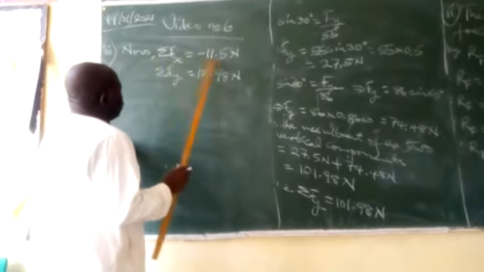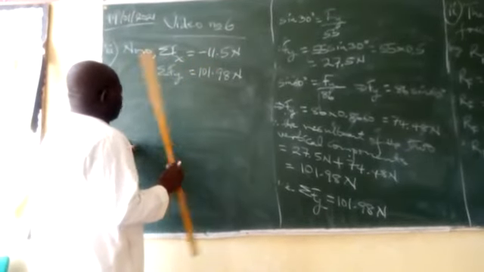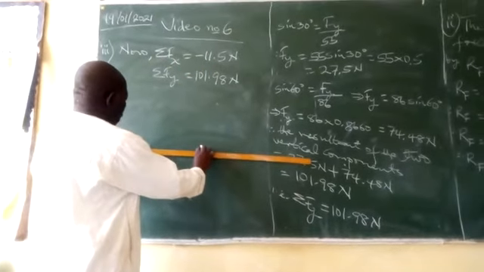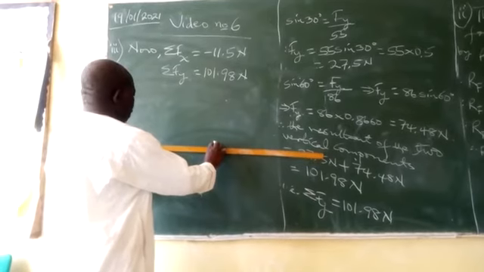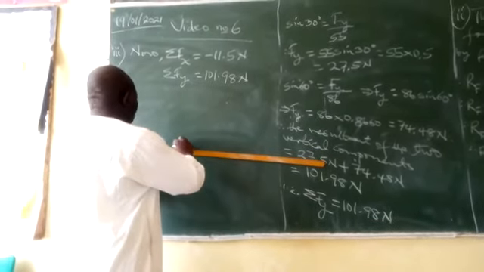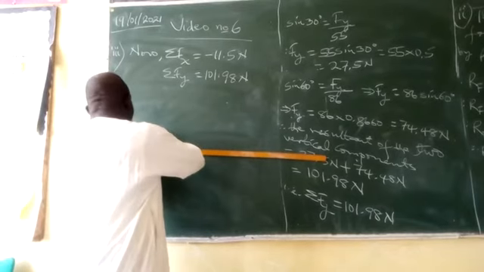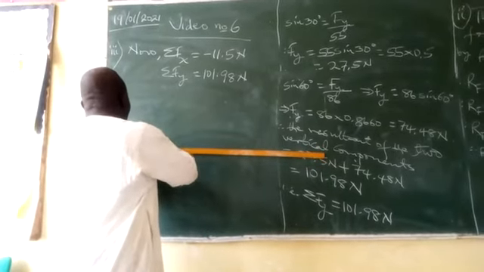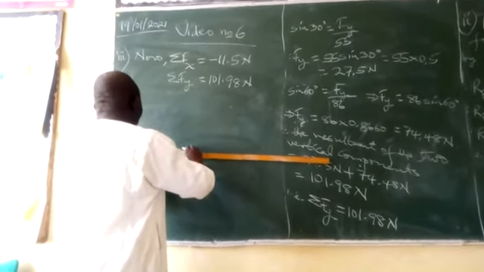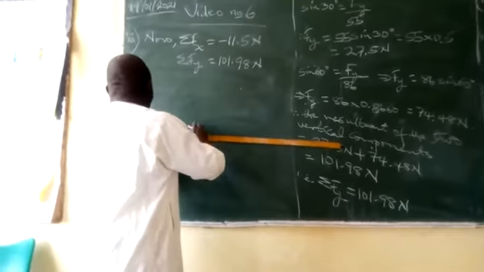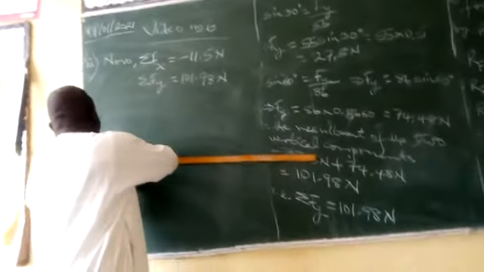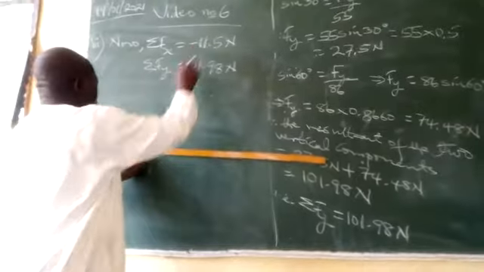Starting with summation f sub x, which is negative, it is drawn toward the negative direction of the x-axis. Why? Because it is negative.